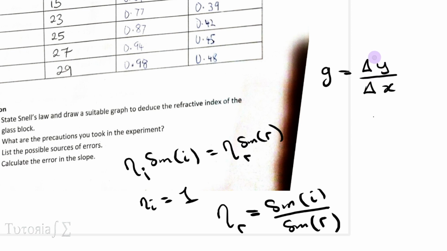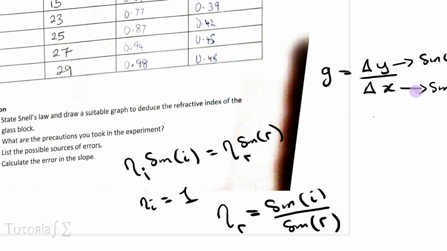So here, the change in y is represented by sine i, and the change in x is represented by sine r. Okay, so now we know that on the y-axis we should have sine i, and on the x-axis we should have sine r, and our problem is solved.